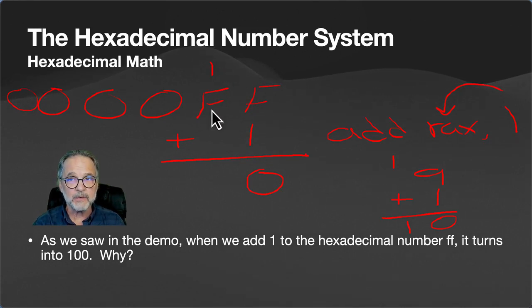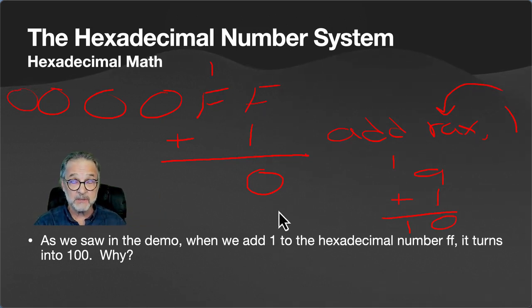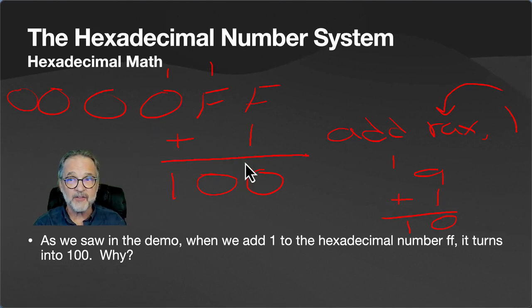If I add 1 to the second hexadecimal digit, F plus 1 is what? There's nothing past F, so we have to drop down 0 just like we did with 9 plus 1, and then we carry. And now we say 1 plus 0 is 100. So that's why FF plus 1 equals 100.